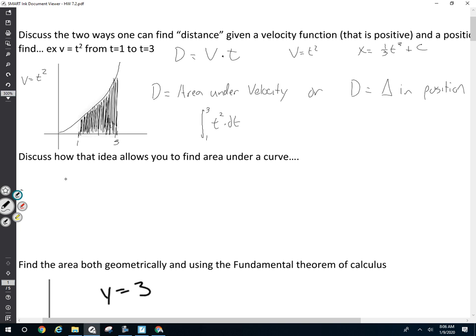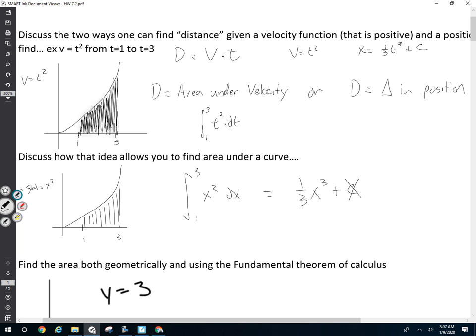If I want to find the area under a function, which I'll just say the integral from 1 to 3 of x squared dx, if this is f of x equals x squared from 1 to 3, all we need to do is take the antiderivative, and understand that the c is not needed because we will find the change in the antiderivative.